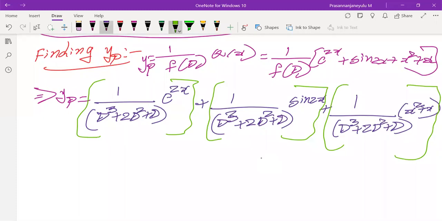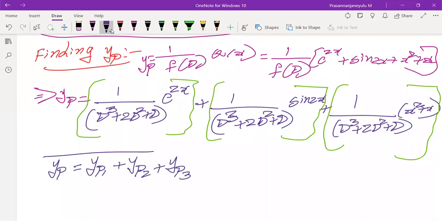I explained earlier that we can treat it as yp1, yp2, yp3, that is particular integration 1, 2 and 3, and take it as equation number 4.